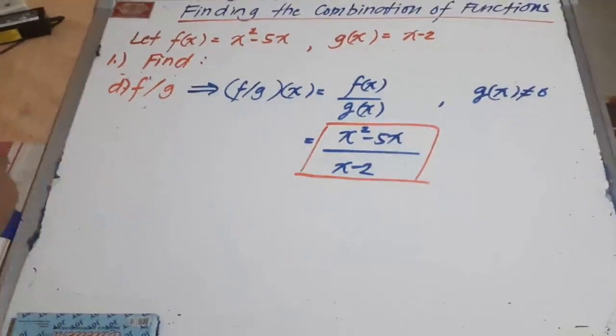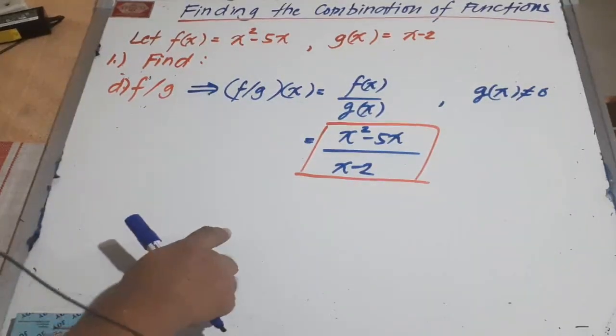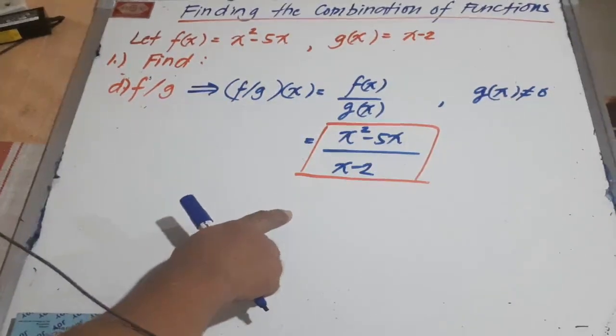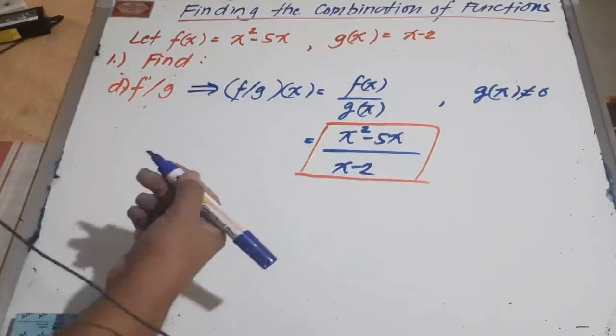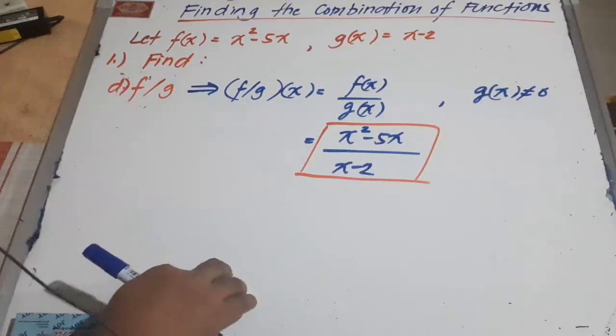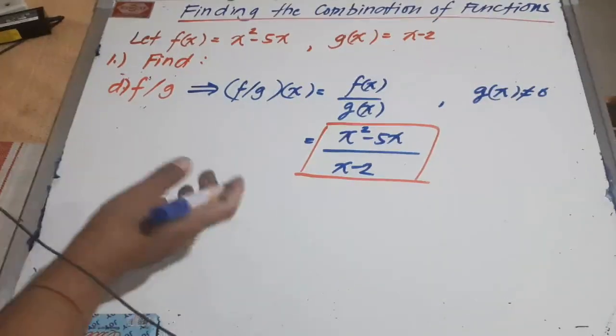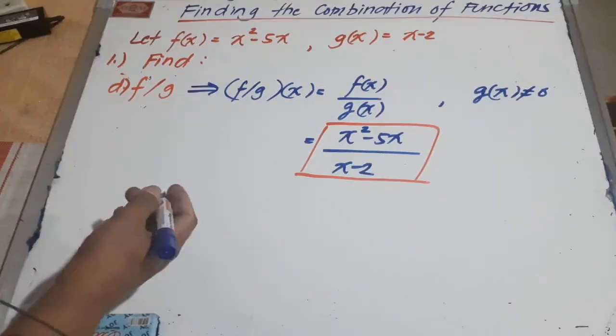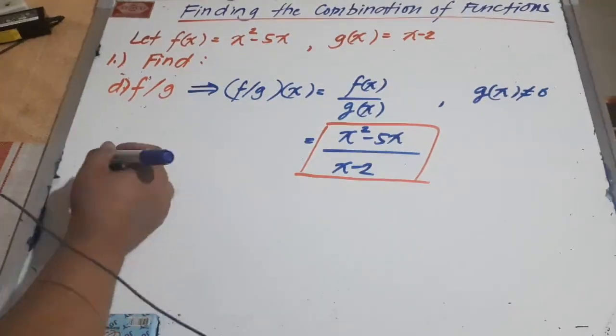That is an example of division of functions. That is f of x divided by g of x. In finding the domain of the resulting function, there is a restriction. The denominator should not be equal to 0.